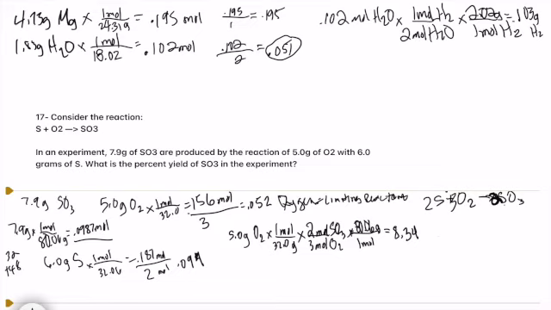We get 8.34 grams of SO3 is what we theoretically could have produced. Remember, we only actually produced 6.0 grams. And so I take actual over theoretical.